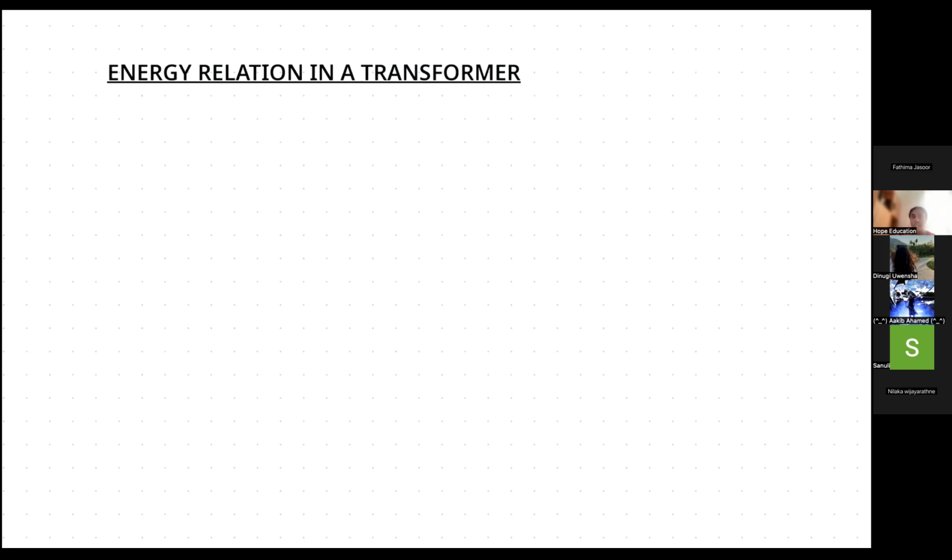So, if you take a circuit where there is a current flow, that means there is a voltage. Then we can write power with this equation. Power equals voltage multiplied by current.